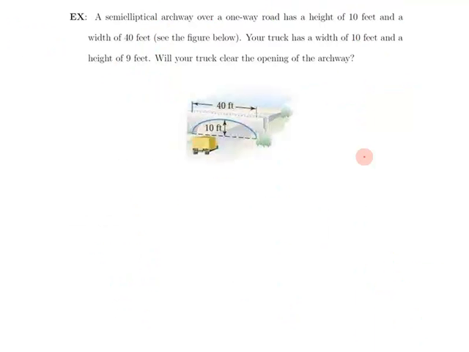Now we'll do one application problem involving ellipses, and it's the application I mentioned earlier where we might have bridges and tunnel construction. In this particular case, we have a semi-elliptical archway, semi just meaning half of the ellipse is the archway, over a one-way road that has a height of 10 feet, 10 feet right here, and a width of 40 feet.